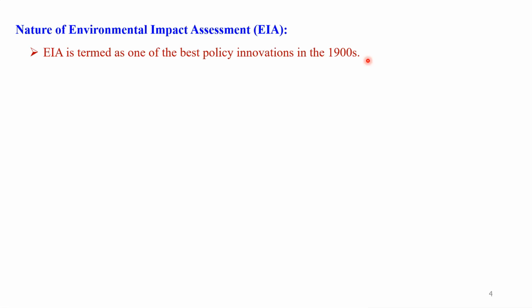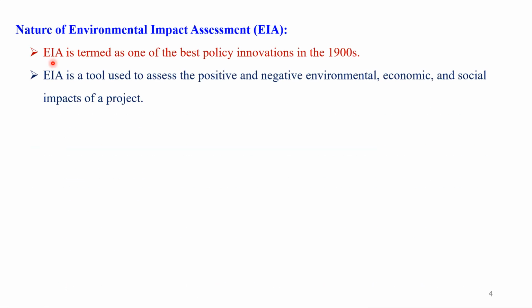But among these various things, one very important innovation is the environment impact assessment, because for the last hundreds of years we have been using this process continuously, and there has been a lot of improvement in it, and we try to bring more accuracy to this evaluation. So this is very important.